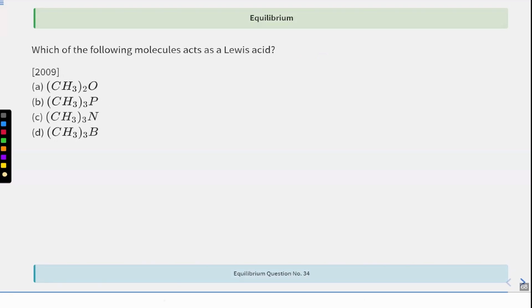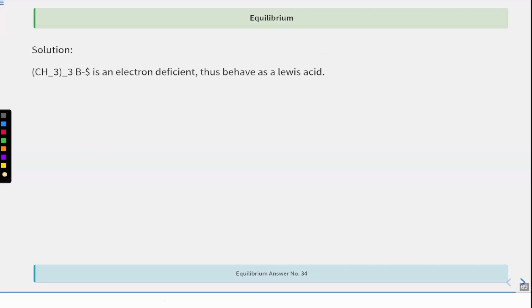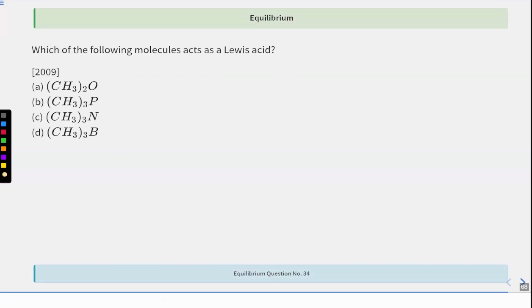Then, which of these molecules acts as a Lewis acid? You have to see which of these are electron deficient, and when you find the compounds that are electron deficient, you can tag them as a Lewis acid.